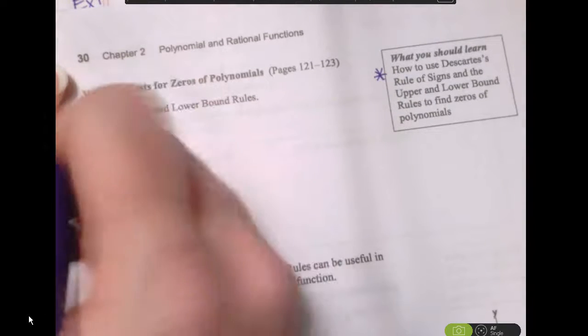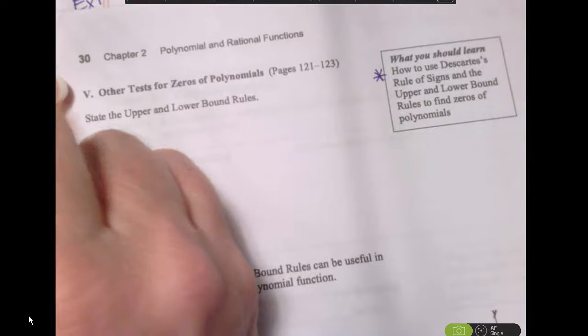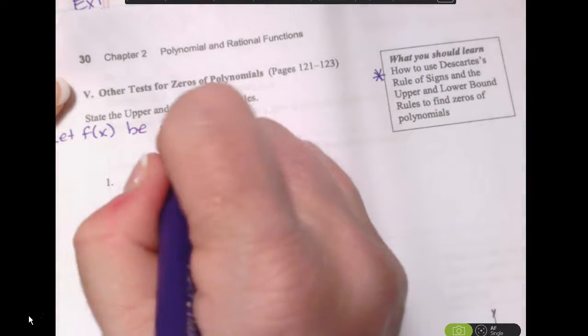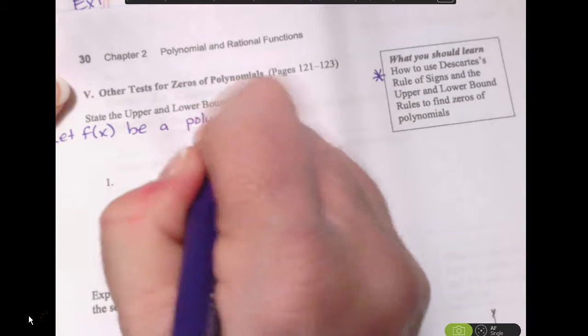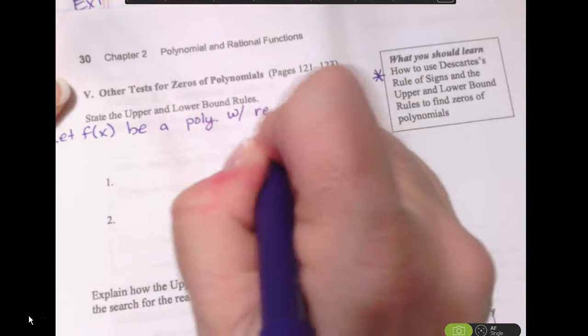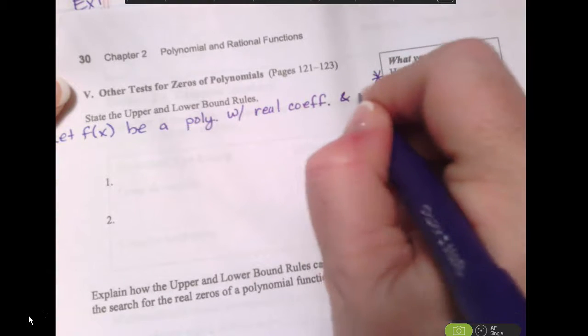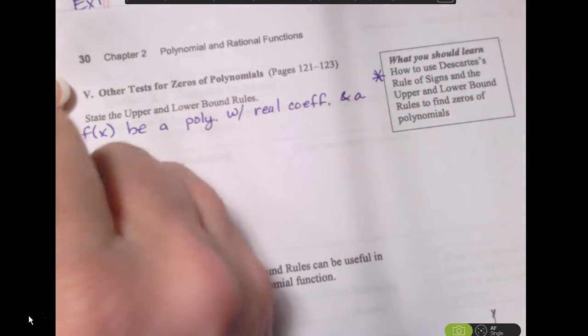So for the upper and lower bound rules, we're going to let f of x be a polynomial with real coefficients and a positive leading coefficient.